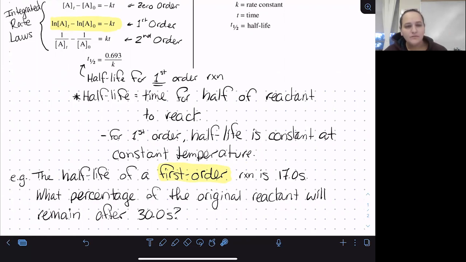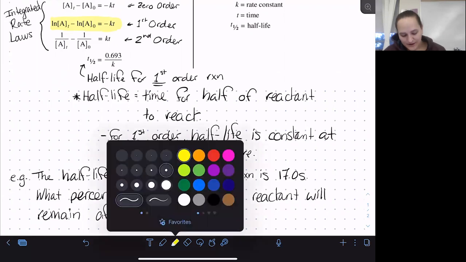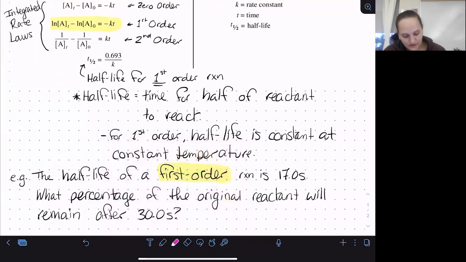So we need to use that equation, which means we're also going to need to know K. We're not given K, but we are given the half-life of the process as 17 seconds. And the half-life is going to allow us to find the value of K.